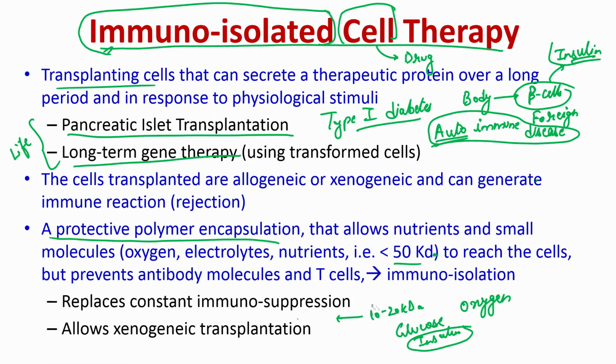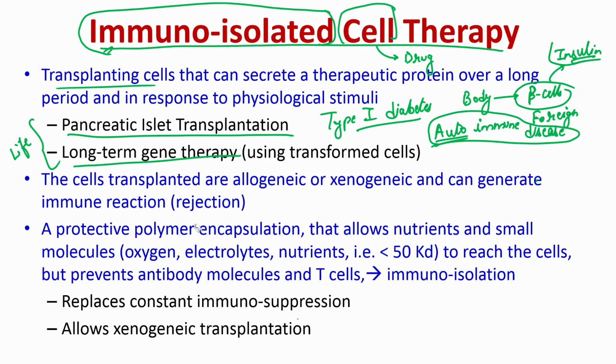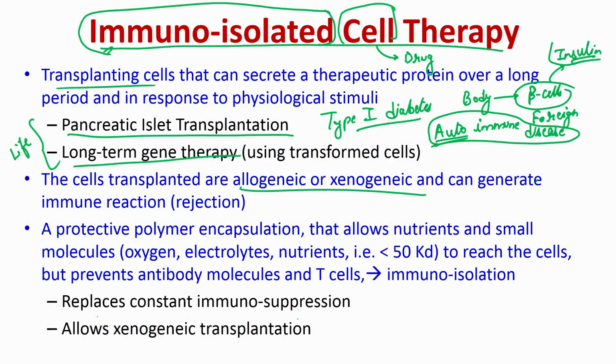So, this replaces the constant immunosuppression that would otherwise be needed. In general, if you are putting in anything allogenic or xenogenic, you will have to supplement it with immunosuppression, and that would mean your immune system is now weak, so pathogens such as bacteria and viruses can come and attack. In this particular case, because of this barrier you do not really need immunosuppression anymore.